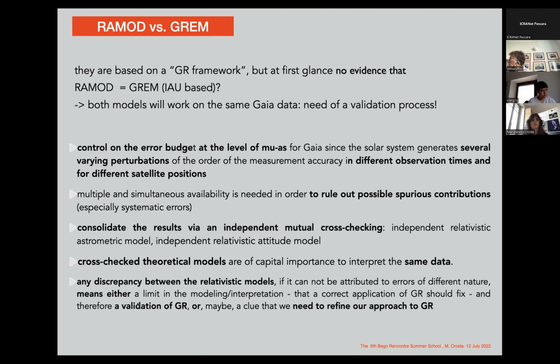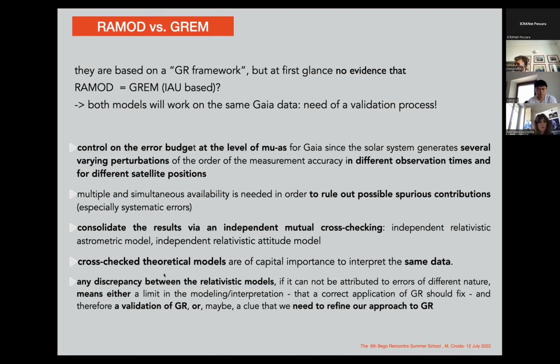This will help us to control the error budget at the level of microarcsecond, since the solar system generates several perturbations, which depend also on different observation times and different satellite positions. This allows us to rule out a possible spurious contribution, and to consolidate the result via an independent mutual cross-checking between the models, since the models implement an independent relativistic theoretical model, and an independent relativistic attitude model.